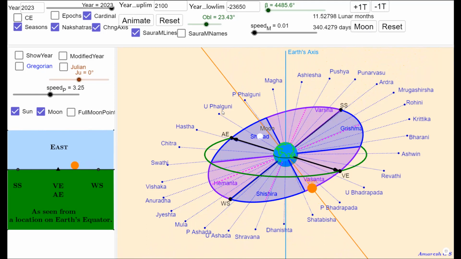Now the fun begins. It may not be apparent right away, but remember, the subject here is, why does the Indian luni-solar calendar require Adhika-masa? We will not discuss in this episode how the Adhika-masa is inserted, how they decide where to insert. We will do that in another episode.